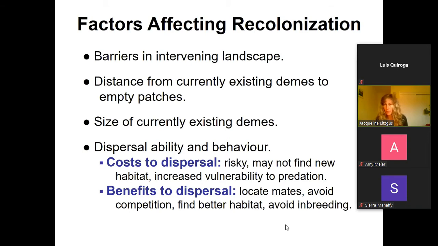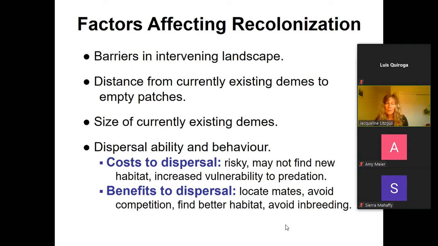This is sort of the definition we've made. When we have these habitat patches, there are barriers between those patches. And so the landscape, which has barriers to movement, and the ability of a species to disperse, are both going to really affect recolonization, right? How bad is the barrier and how well does that species disperse? Those are going to be important things to determine recolonization.